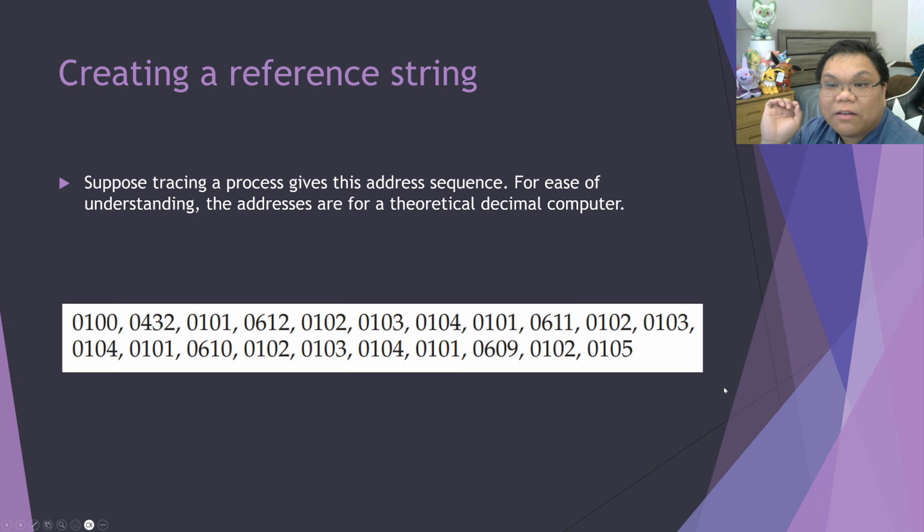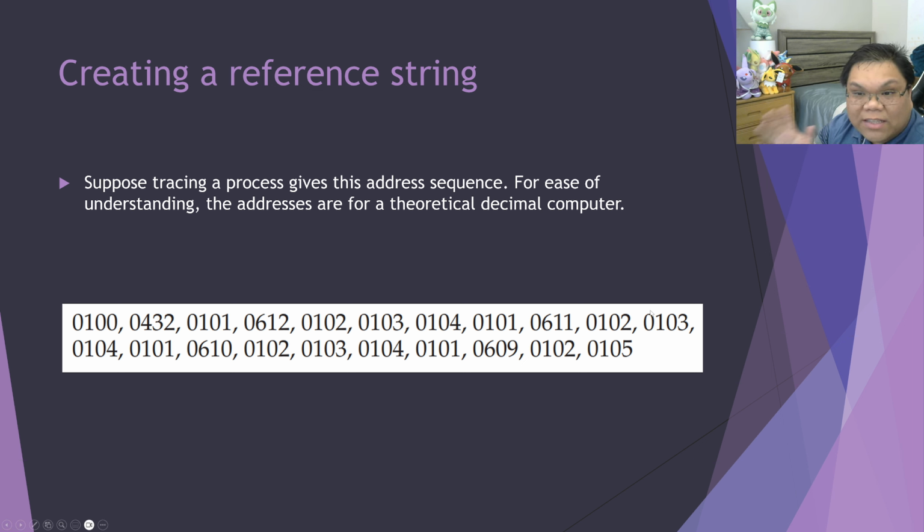So basically, we're gonna need to start with a few rules here. When a process runs, it's going to generate some memory addresses, and we can use that sequence of addresses to create what is called a reference string. Suppose when we trace a process as it executes, it gives us this sequence of memory addresses.